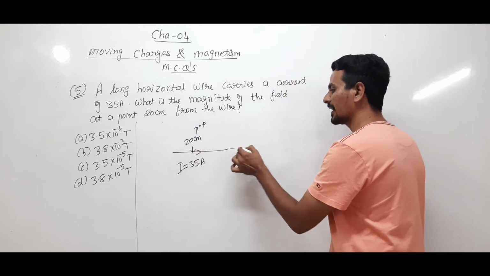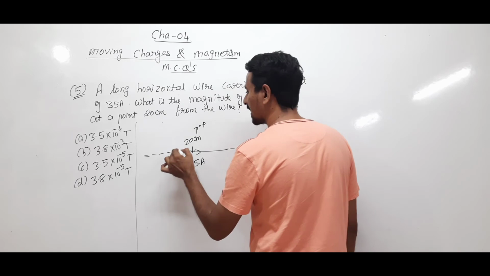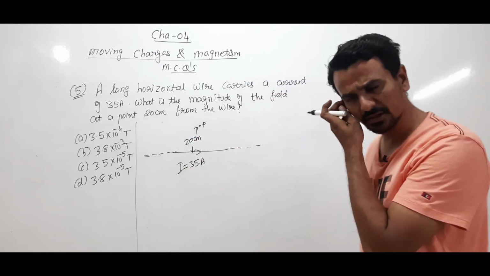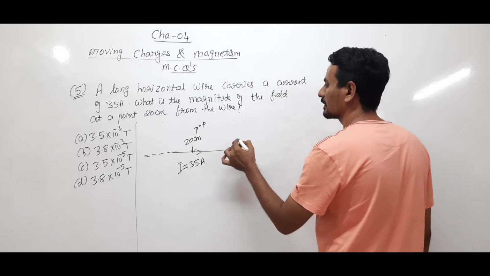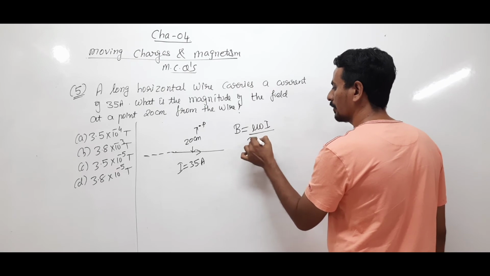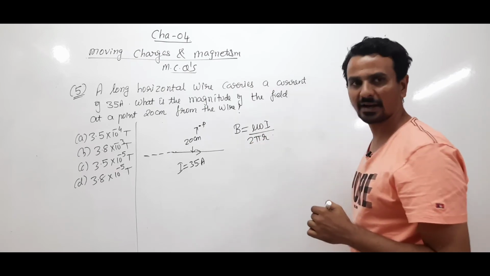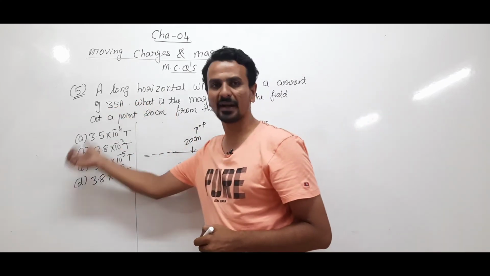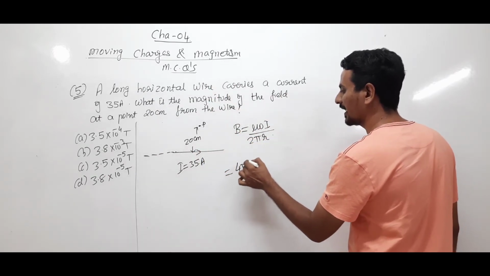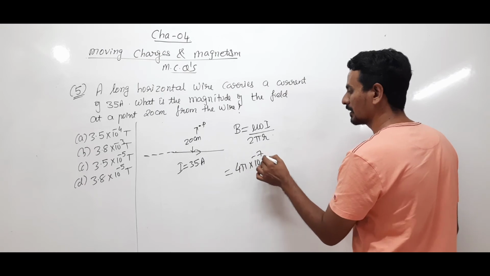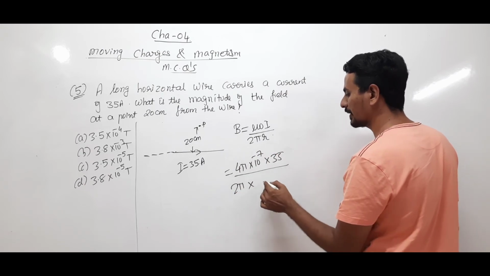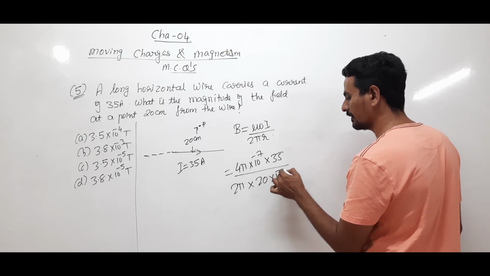So for an infinitely long wire, the magnetic field is mu naught I by 2 pi r. The chapter is completely based on the formulas. B is equal to mu naught I upon 2 pi r, for an infinitely long wire, right? Long wire means infinitely long wire. Substitute the values. 4 pi into 10 raised to minus 7, current is 35, 2 pi, and the distance is 20 centimeter, 20 into 10 raised to minus 2.